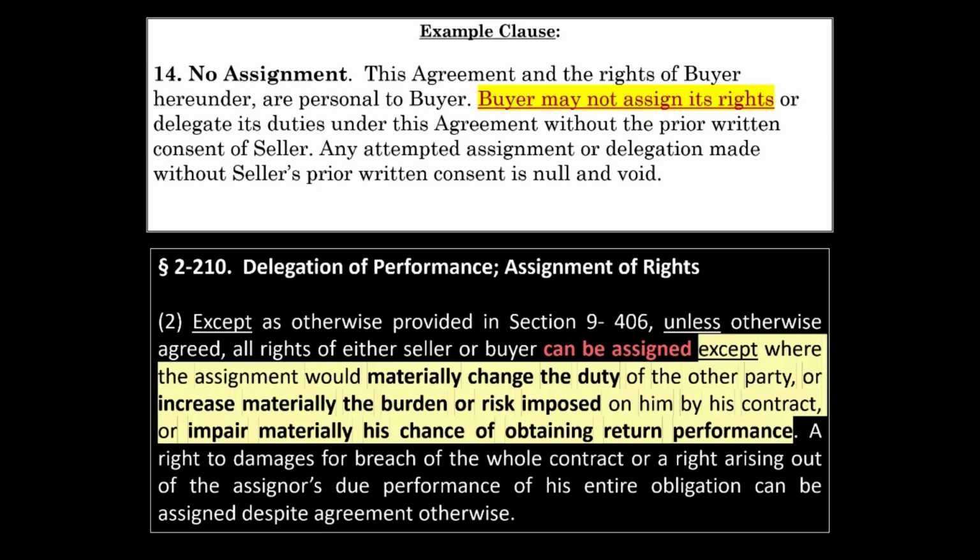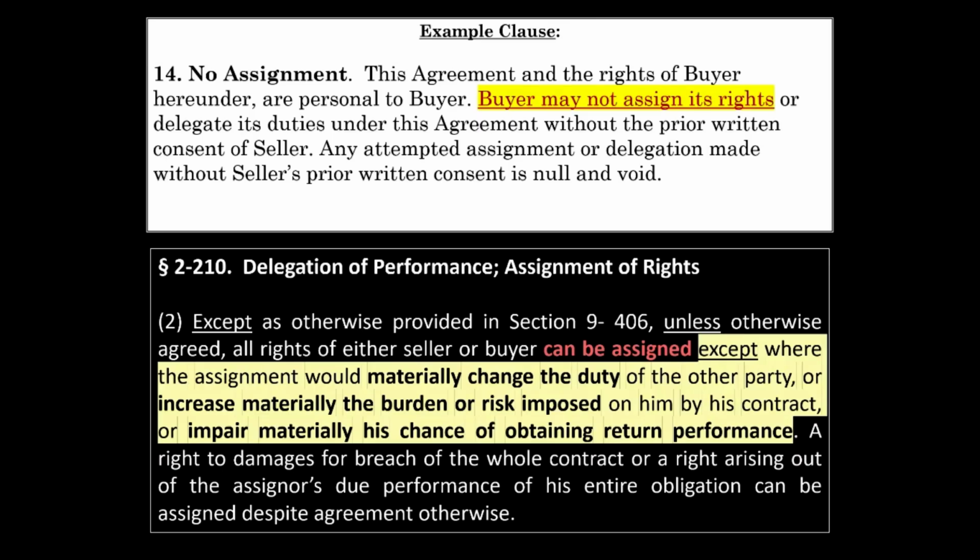Even where a contract does not include an express term validly barring the assignment of rights under that contract, such an assignment is prohibited by subsection 2 where the assignment would materially change the duty of the other party, or materially increase the burden or risk imposed on him by his contract, or materially impair his chance of obtaining return performance.